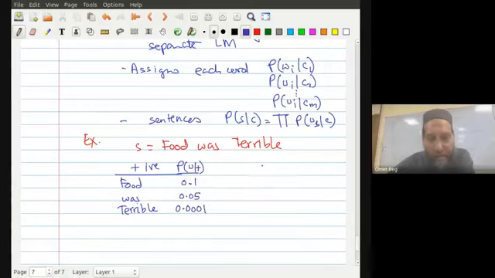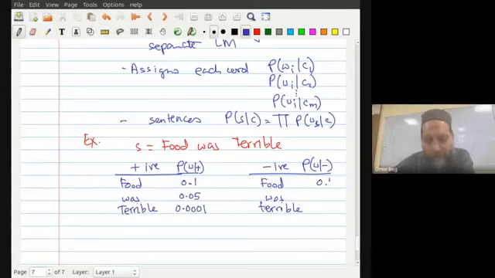And then we would have a separate model for the negative class, the probability for each word belonging to the negative class, and we have the same words: food, was, terrible. The probability of food appearing in the positive and negative class would probably be the same. The probability of was slightly different, maybe, but the probability of the word terrible appearing in the negative class would be much higher. Right?